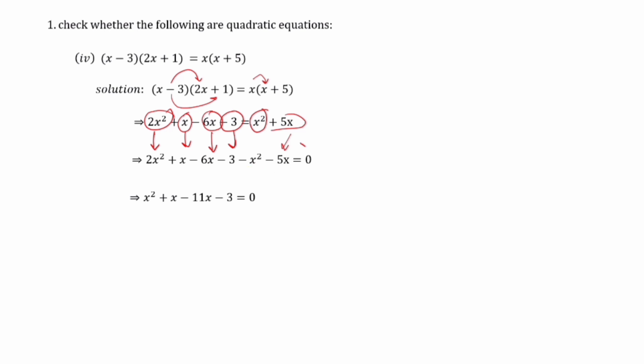So this one and this one will give me x, so this plus x will remain as it is, and this minus 6x and this minus 5x will give me minus 11x, and this minus 3 will remain as it is.